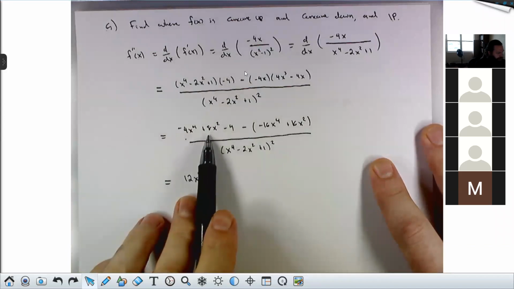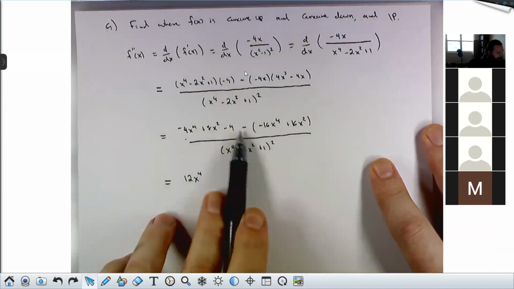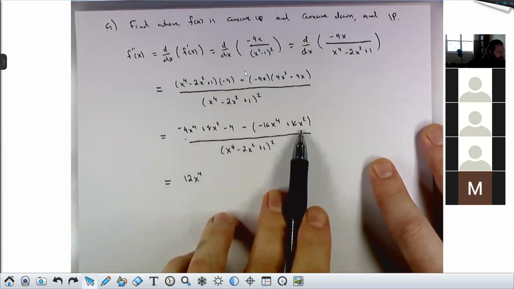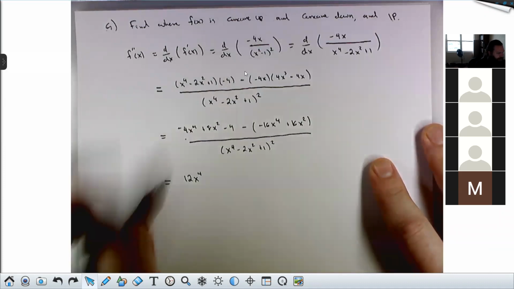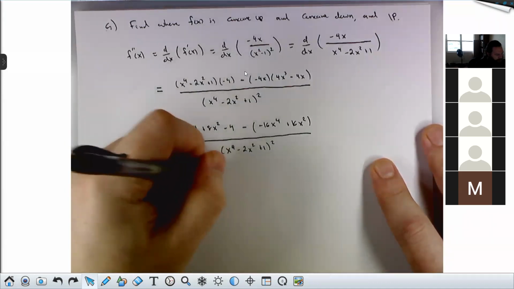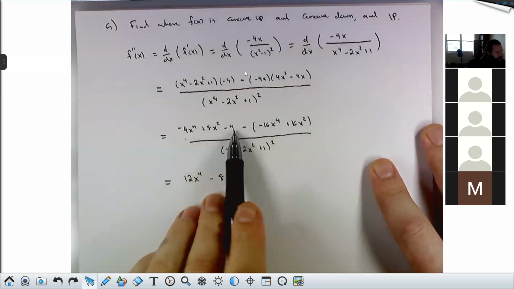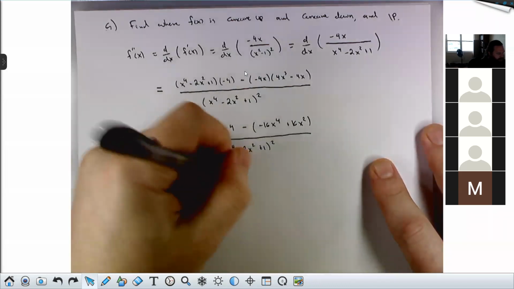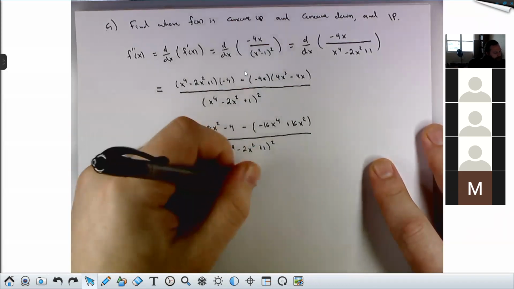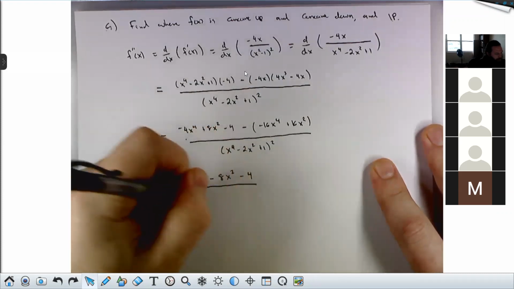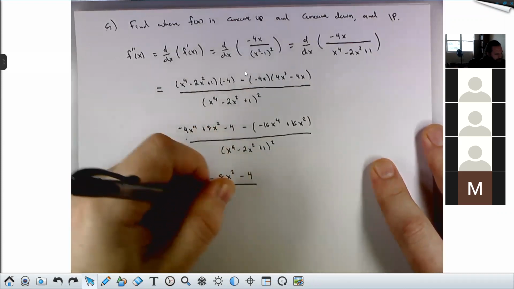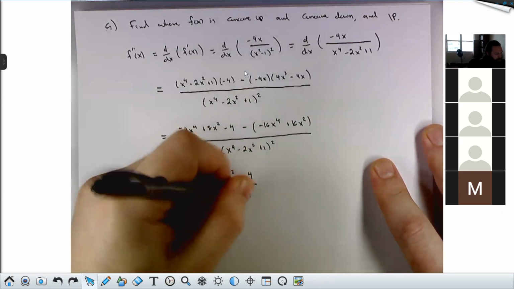I have plus 8x squared here, and then I'll have minus 16x squared here. So that's minus 8x squared. And then I have a minus 4 here, and I have no constant terms here, so I just have this minus 4. And downstairs is just the x to the 4 minus 2x squared plus 1 quantity squared.